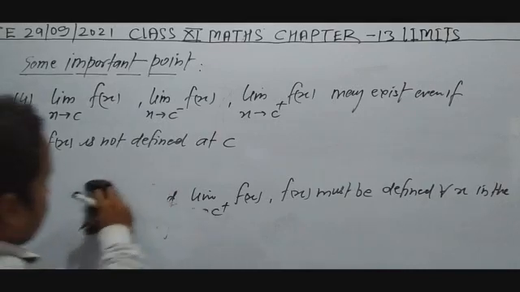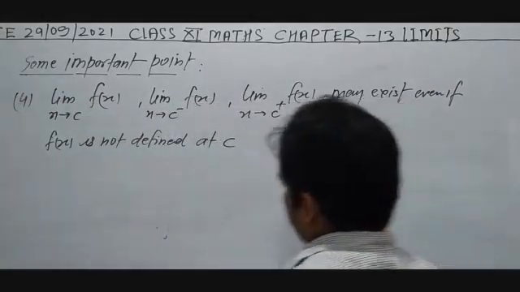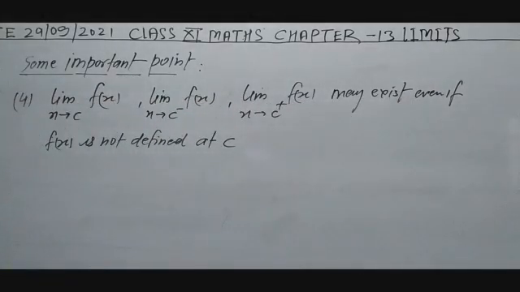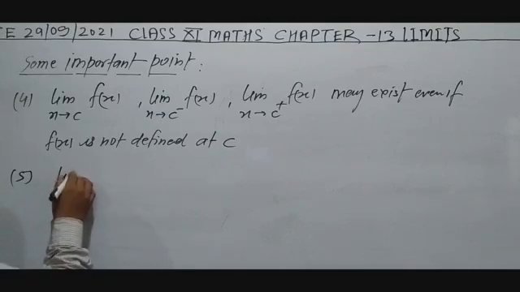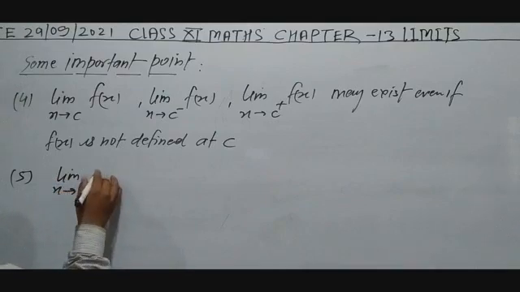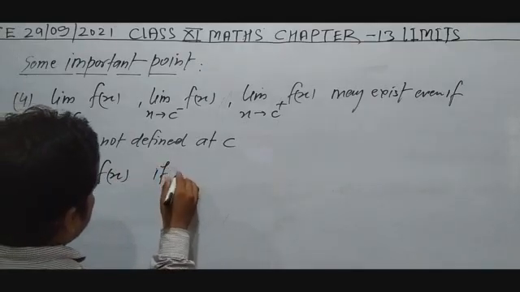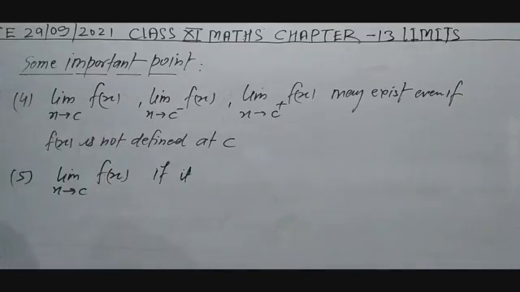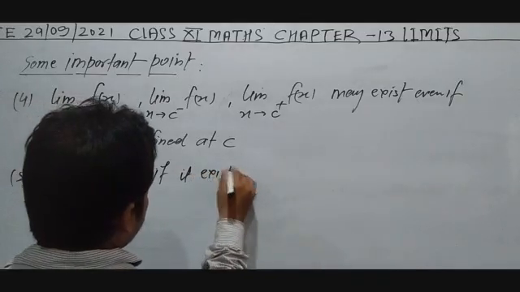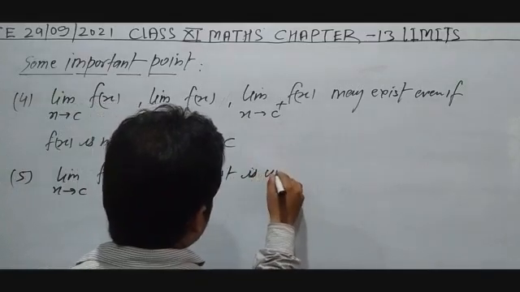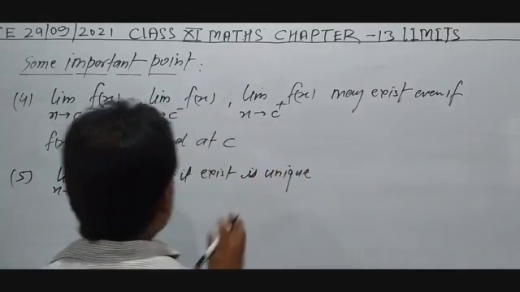The fifth point: limit x tends to c of f(x), if it exists, it is unique.